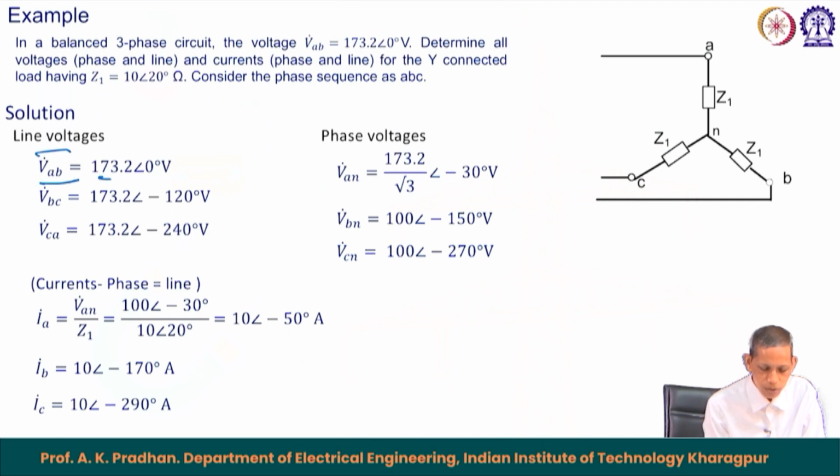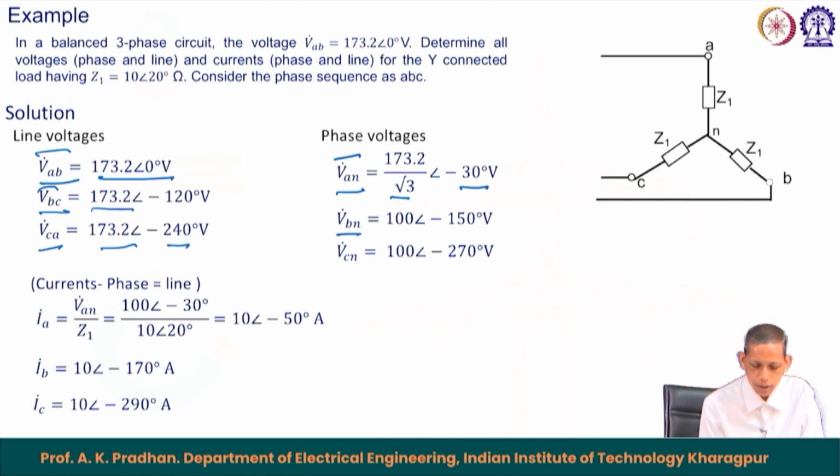So, VAB equals 173 with 0 degree. VAN equals 173 by root 3 with minus 30 degree, as I said, VA lags VAB by 30 degree. VBC is 173.2 with minus 120 degree, it lags VAB, and VCA equals 173.2 with minus 240 degree. VBN lags the A phase by 120 degree, and VCN lags VBN by 120 degree.